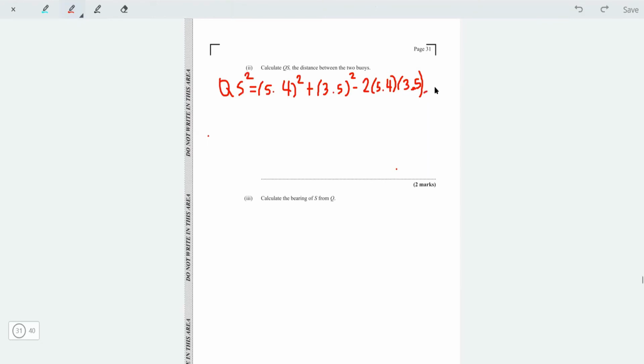I was wondering where that disappeared to, the cosine of 126.